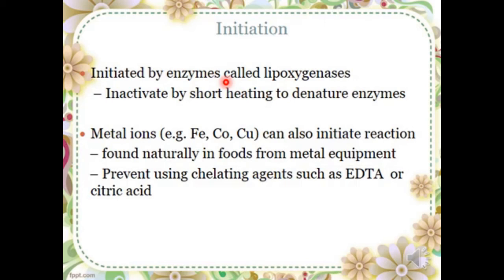Besides enzyme, another factor that can initiate lipid oxidation is the presence of metal ions, for example iron, cobalt, and copper. These metal ions are found naturally in food, or actually come from metal equipment used during food processing.